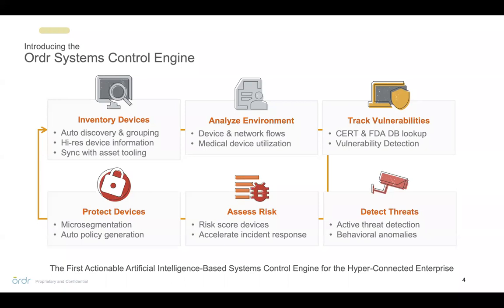So auto-discovering all the assets, everything with a MAC and IP in your environment, getting down to the details of the make, model, manufacturer information, often understanding the OS and serial number information, and synchronizing that data with any tooling that you already have is step 1 and usually phase 1 of every engagement we've seen an organization go through.